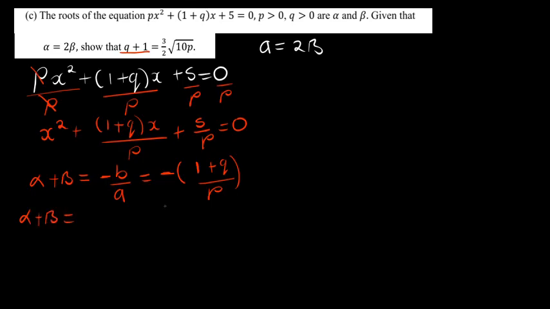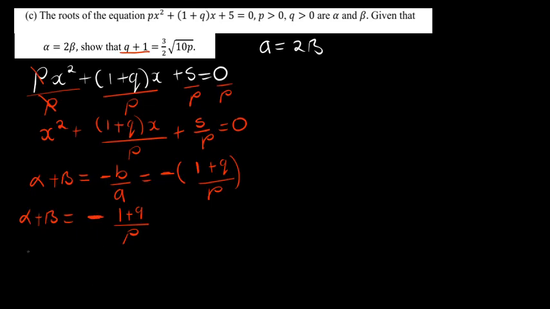I will not expand this, I'll just leave it. I'll take this part as one number, so it's negative (1 + q) over p. I'm not factorizing anything, I'm just getting the negative outside, in short.